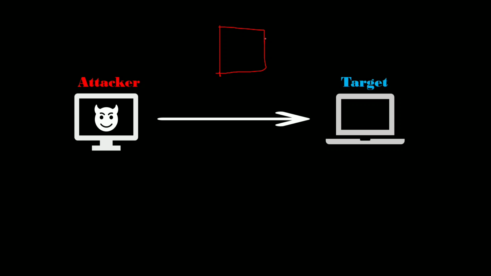This is a server, and the target is communicating with that server. What will the attacker do? The attacker will come between them. He is going to attack the flows. The packets you are sending to the server, he is going to sniff all of them, and he is going to connect to the server.